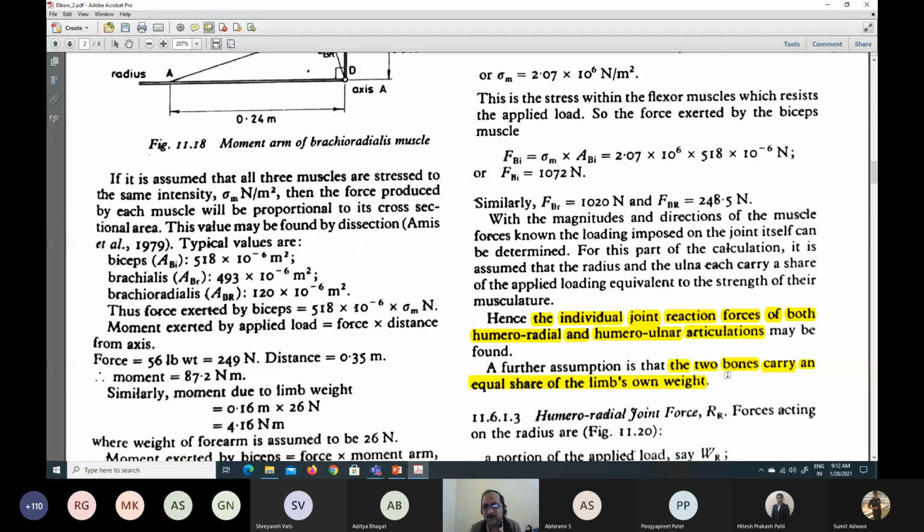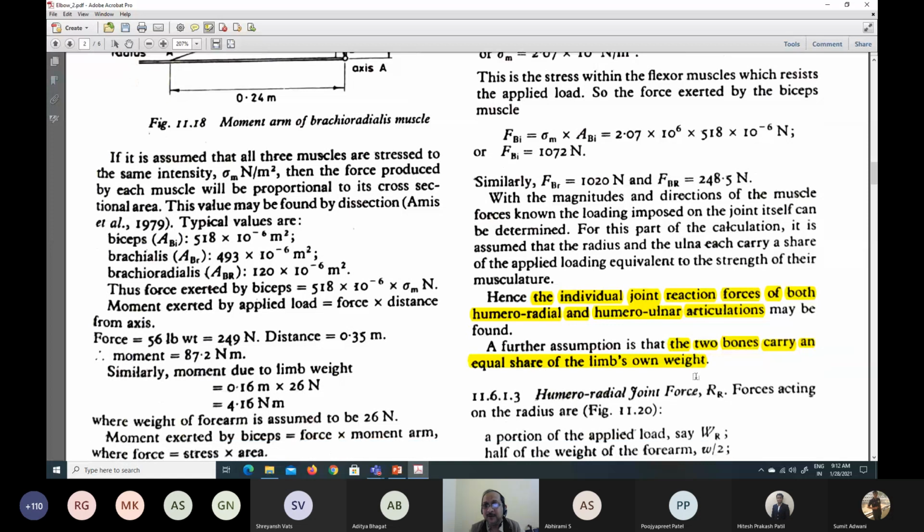So we have basically assumed it to be the same bone, so that each of which will carry half of its own weight. But now we will actually go deep inside the problem and try to find out individually what are the humeroradial joint reaction force and what is the contribution of the humeroulnar joint reaction force.